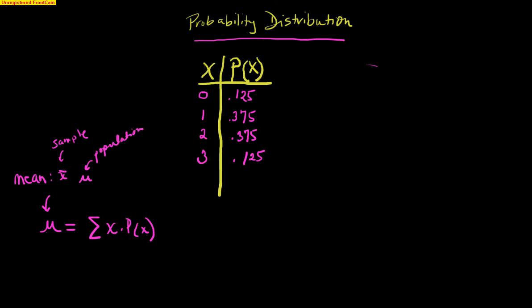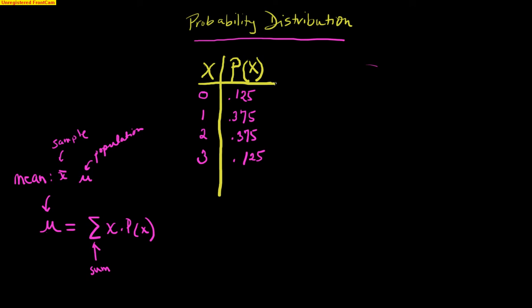Okay, so the formula for finding the mean of a probability distribution is the sum, remember that sigma sign meant sum, of x times its probability. All right, so let's take a minute and do that.